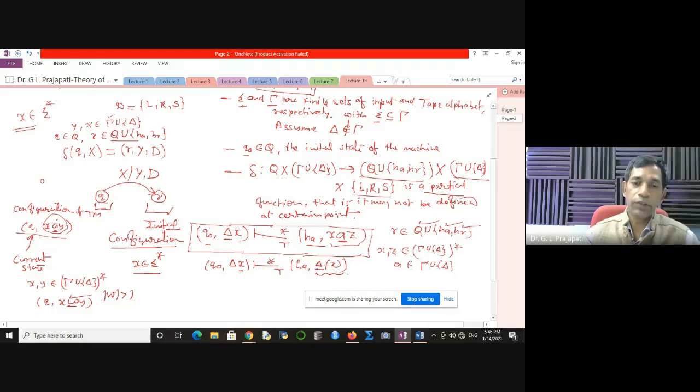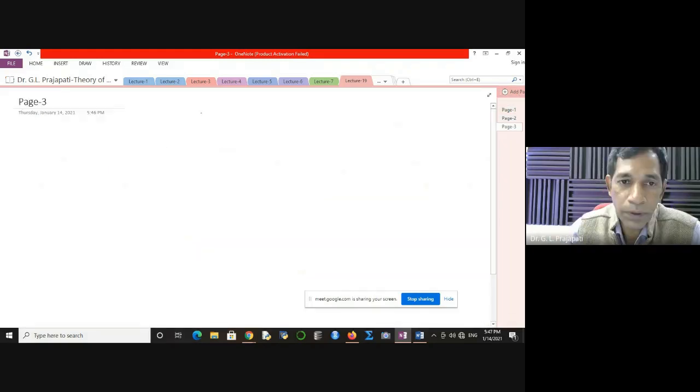So your Turing machine is not only acting as a language acceptor, it can compute any partial function.